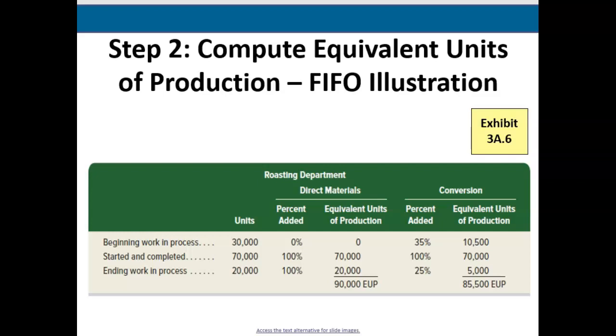So EUP is 10,500, or 30,000 times 35% is 10,500. Started and completed units were 70,000. These units received 100% of conversion costs during the month, so EUP is 70,000. Ending work in process had 20,000 units started but not completed during the month. These units received 25% of their conversion cost this period, so EUP is 5,000, or 20,000 times 25%.